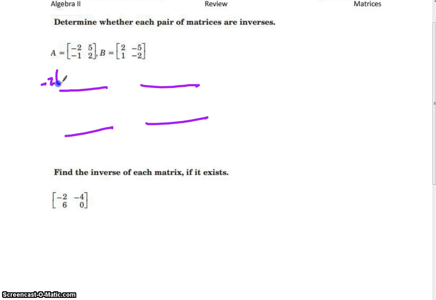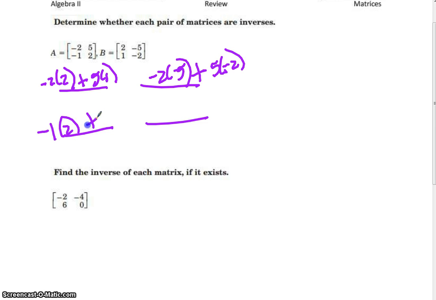So negative 2 times 2 plus 5 times 1, negative 2 times negative 5 plus 5 times negative 2, negative 1 times 2 plus 2 times 1, negative 1 times negative 5 plus 2 times negative 2. So you get negative 4 plus 5, which is indeed 1.